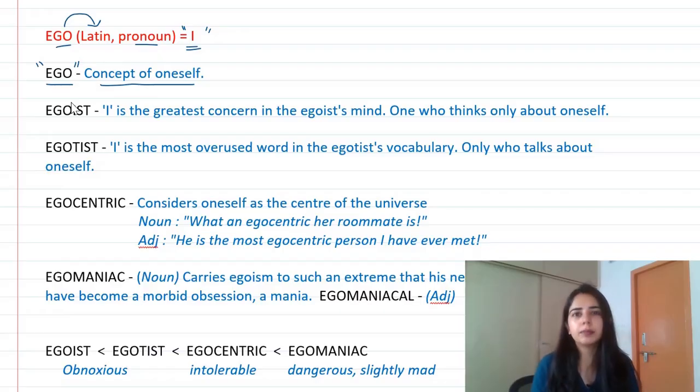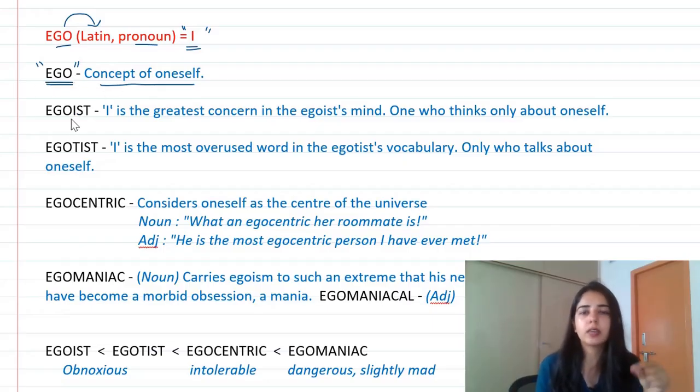That has come into the informal language which we speak, but fundamentally the meaning of ego is the concept of oneself. Now if you have a very high idea of yourself in your mind, you may have more of a tendency towards throwing tantrums or having the attitude which we talk about. So this is the meaning of ego.